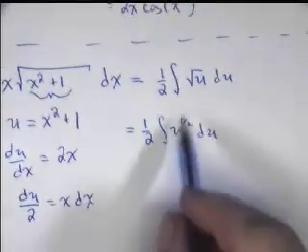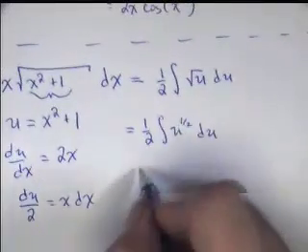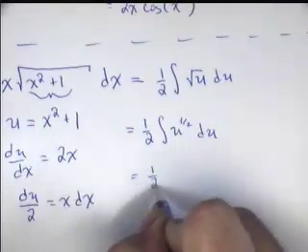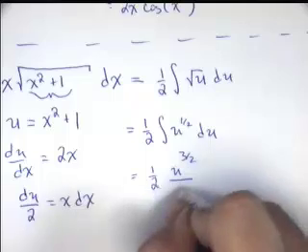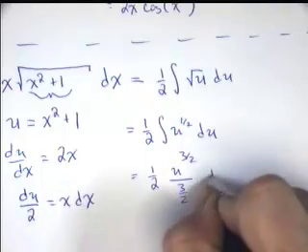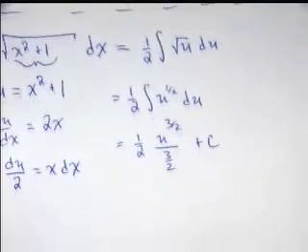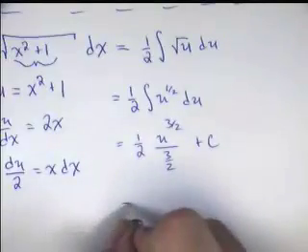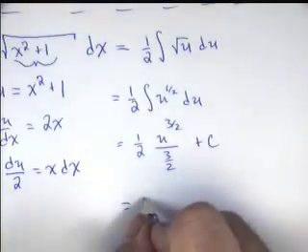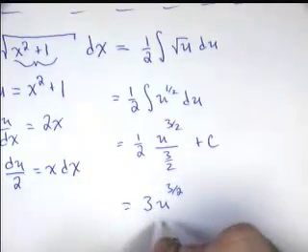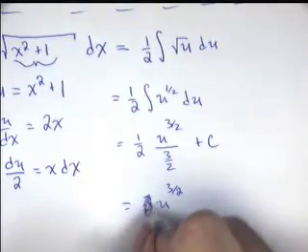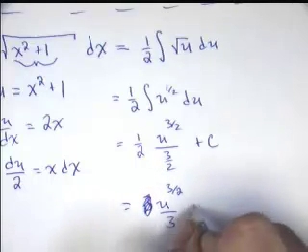Now we apply the power rule to u to the 1/2. So we get 1/2 times u to the 3/2 over 3/2 plus a constant. Invert and multiply, cancel the 2's, we get u to the 3/2 over 3 plus a constant.